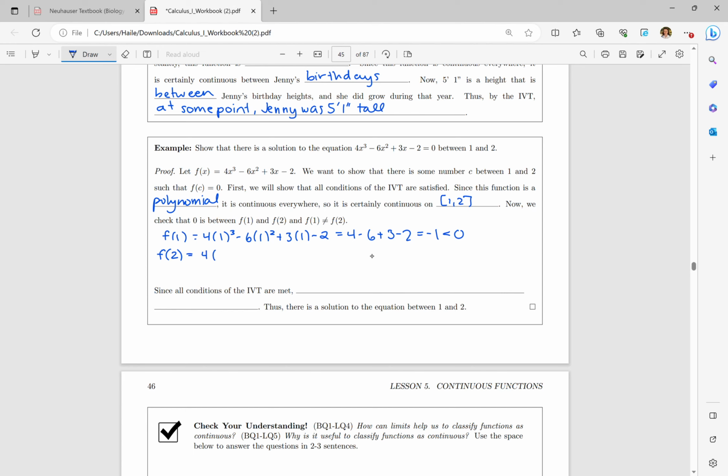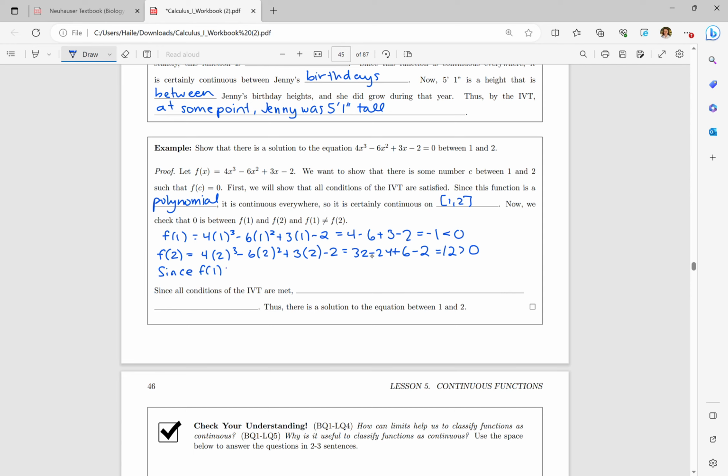So we have 4 times 2 cubed minus 6 times 2 squared plus 3 times 2 minus 2, which is equal to 32 minus 24 plus 6 minus 2, and that is equal to 12, which is positive, or greater than 0.